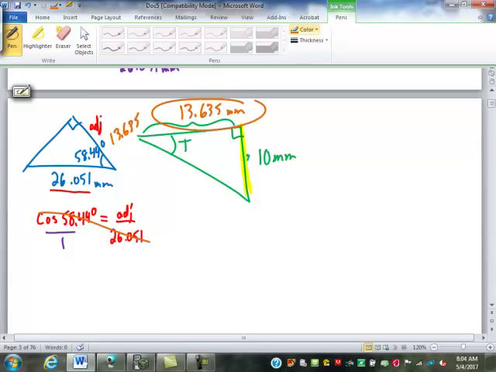So now that we have that, you can find the angle of tilt. I'm going to give you about 30 seconds to find that angle of tilt. So we have opposite and adjacent. This is going to be which function? Tangent inverse. So t is going to equal the inverse tangent of 10, the opposite side, over 13.635, the adjacent side.